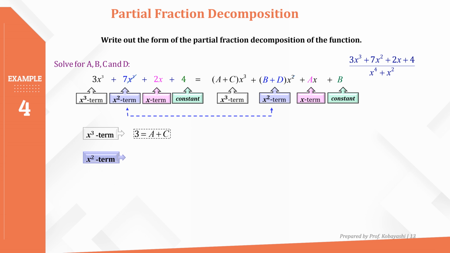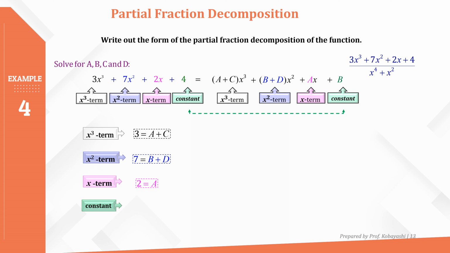Cancel x squared from both sides to get the equation 7 equals B plus D. In the same way, for the x term, 2 equals A by cancelling x from each. And lastly, make each constant equal each other to get 4 equals B.